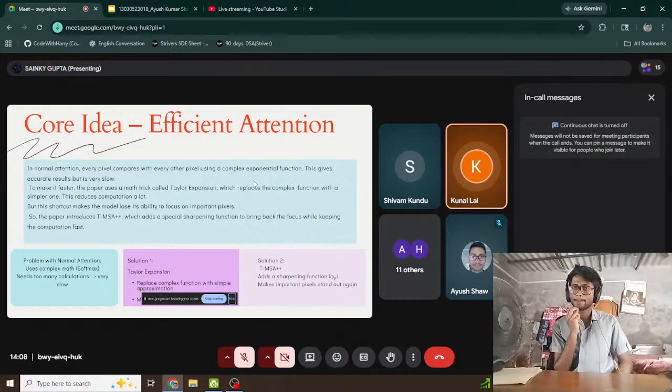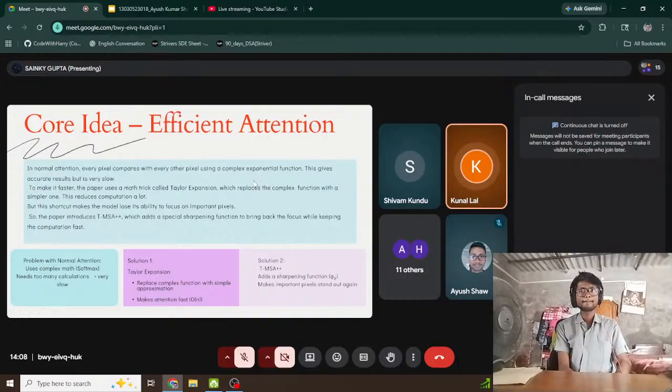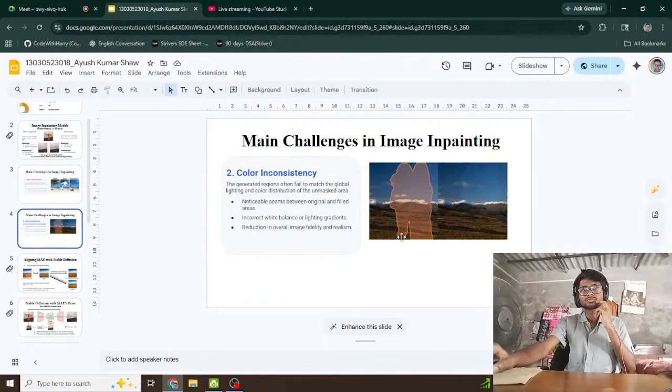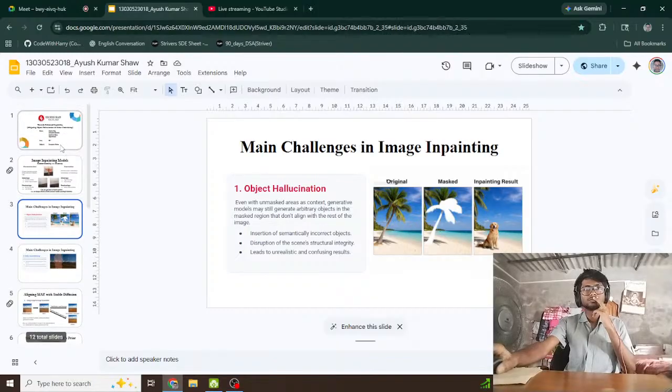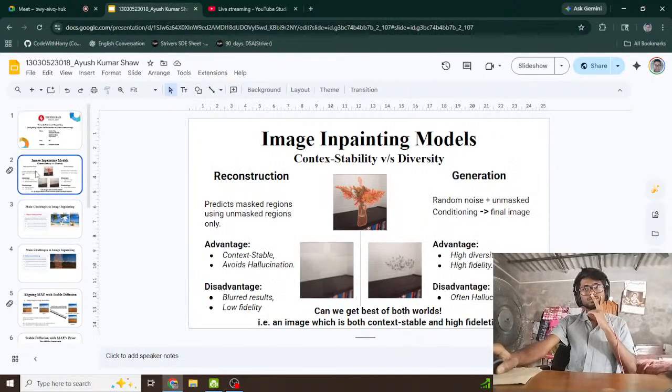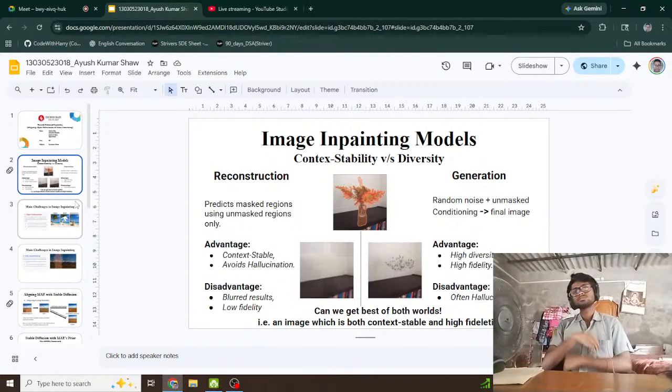As a solution, we first went to Taylor expansion, which replaces the complex function with a simple approximation, which makes the attention fast, but the shortcut makes the model lose its ability to focus on important pixels. So we got TMSA to add the sharpening function and make important pixels stand out again. I will hand over the next slide to Shubham Kumar.